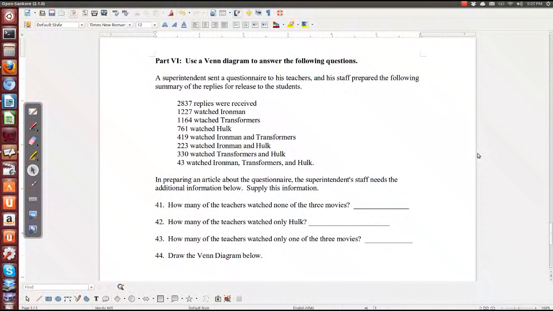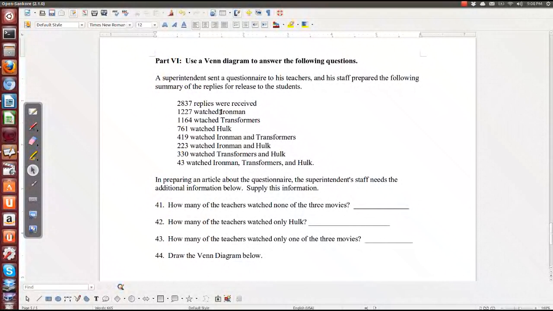The last part of our test deals with Venn diagrams. So I have all of this information that I need to put in a Venn diagram form. So looking at this information, I have three different sets that I'm dealing with.